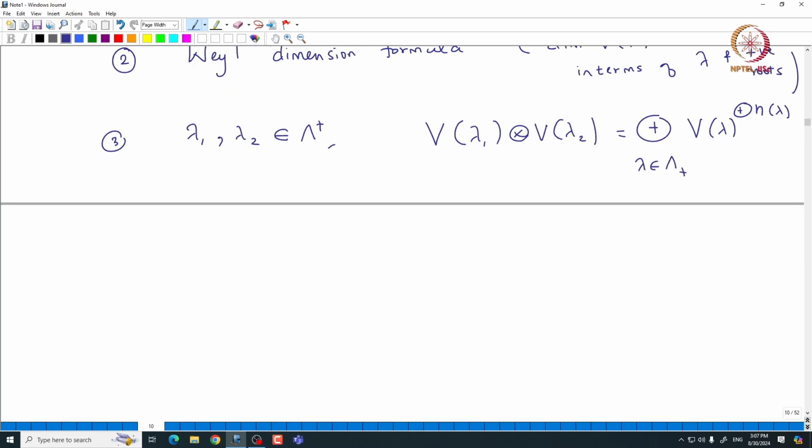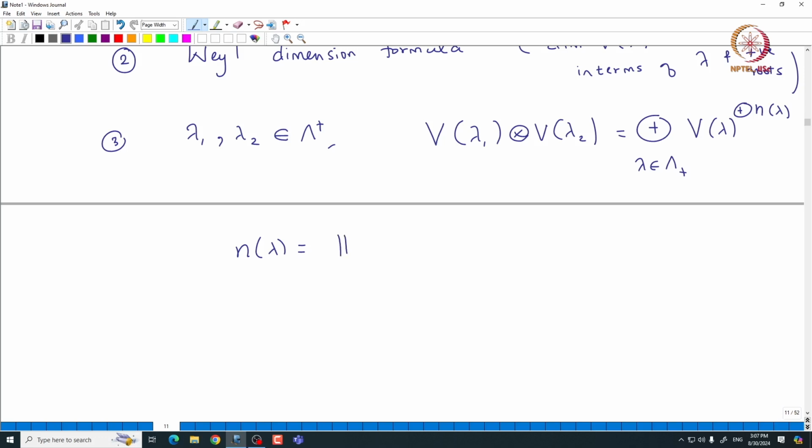This n of lambda is called the Littlewood Richardson coefficient in the tensor product, or sometimes the multiplicity of V lambda inside this tensor product V lambda 1 tensor V lambda 2.